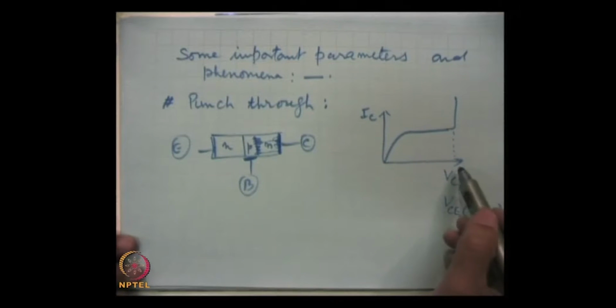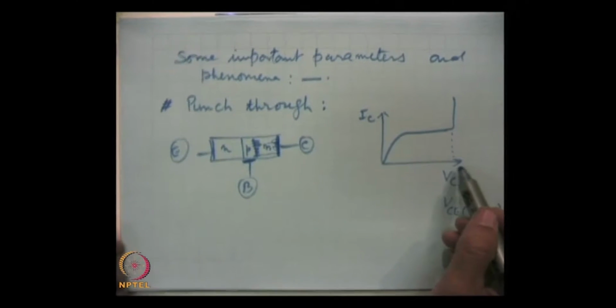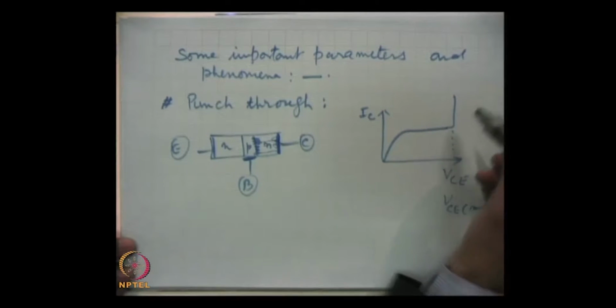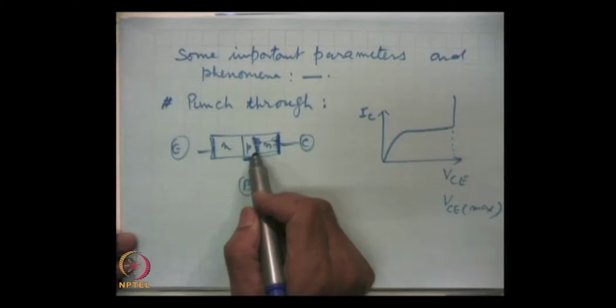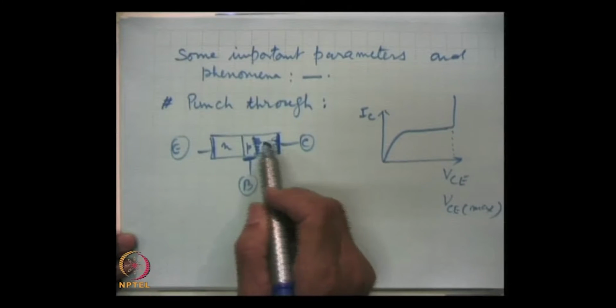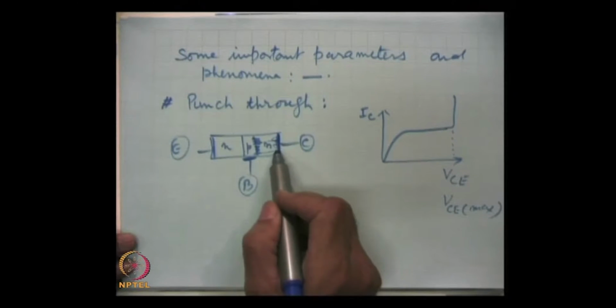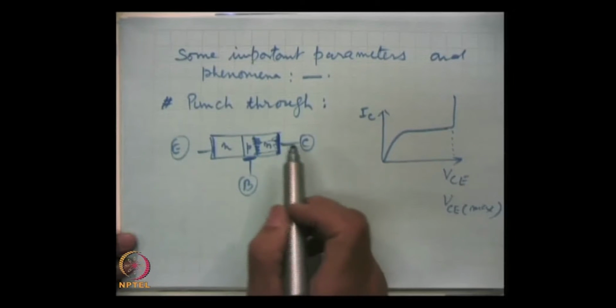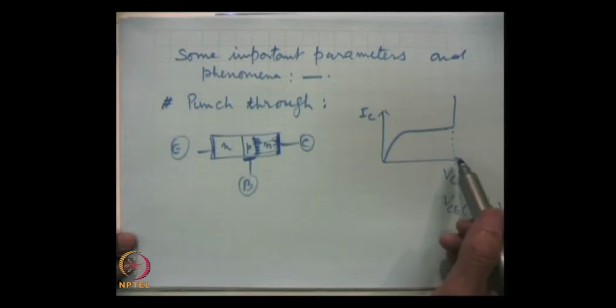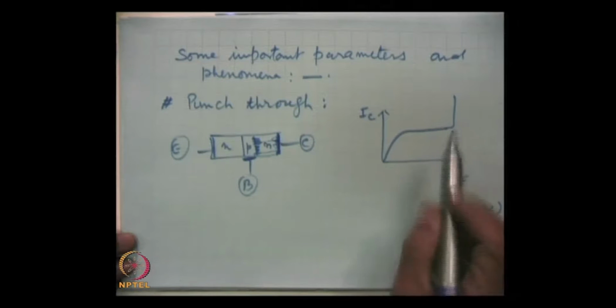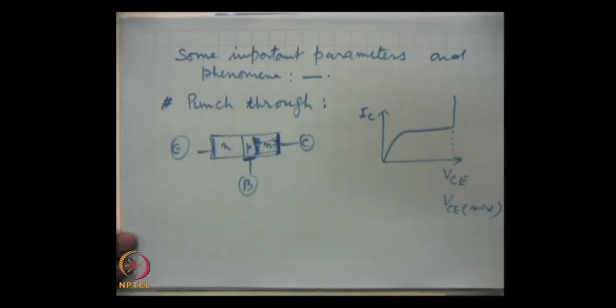When the voltage at the collector junction goes beyond a certain limit, there will be a sudden rise in the collector current, and this is known as punch through, in which the depletion region has spread to such an extent that it is almost touching the collector electrode. The manufacturers prescribe the value of this VCE maximum, which we are supposed to observe.